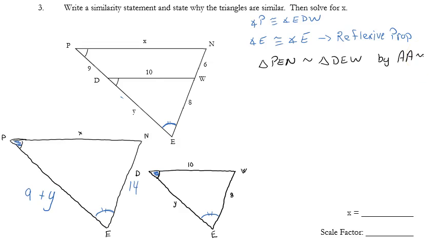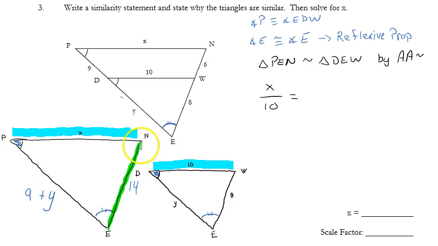Just like before, now I have my corresponding sides. I have x that I'm solving for, so I need to solve for this side. Well, PN corresponds to DW, so there's one ratio: x over 10 equals, well, the 9 plus y won't help me, so I'm going to go to this side length, which I know is 14.